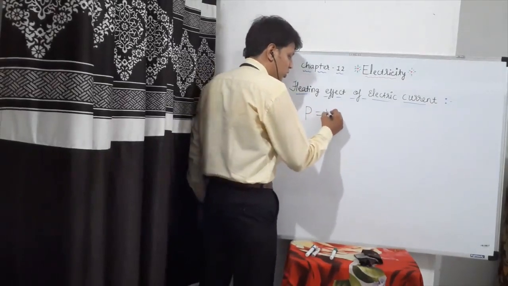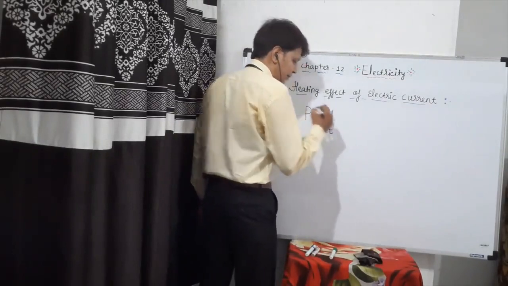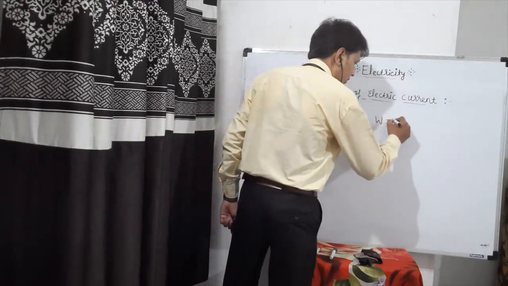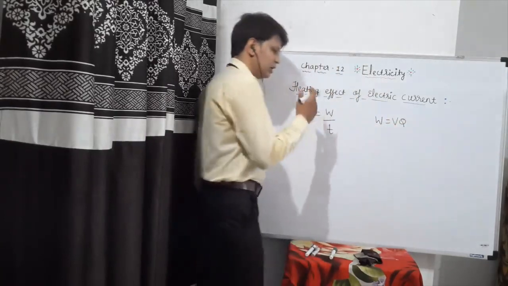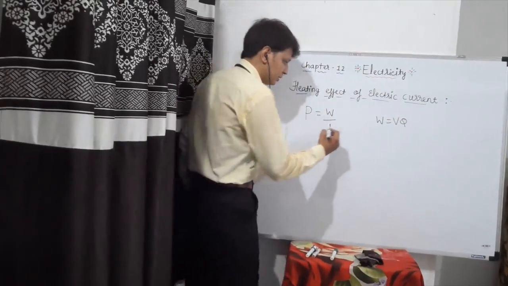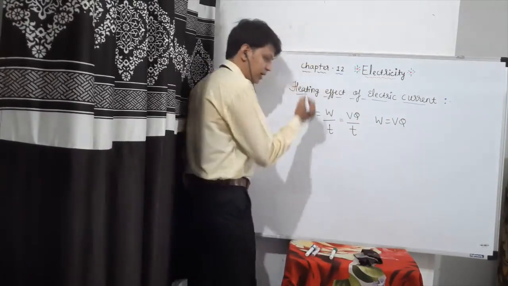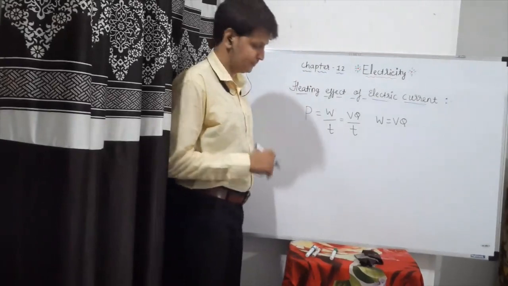If we want to calculate the power input by the source, power will be equal to work done per unit time. Here we concluded that VQ is the energy provided. Then V into Q upon t will be equal to the input power.